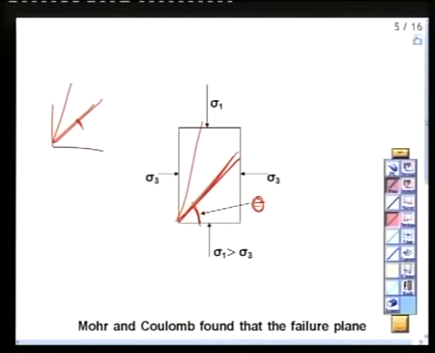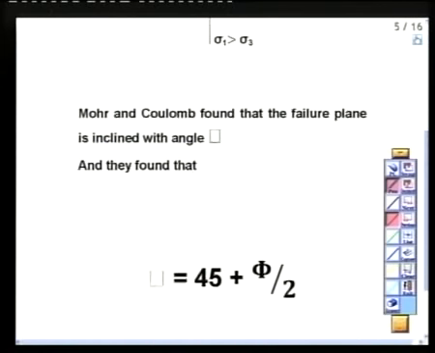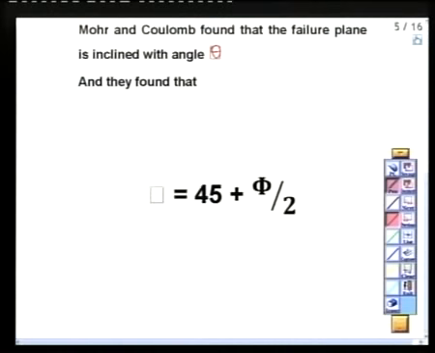Now, Mohr and Coulomb found what theta is. They found that the failure plane is inclined with angle theta, and that theta is 45 plus phi over 2.